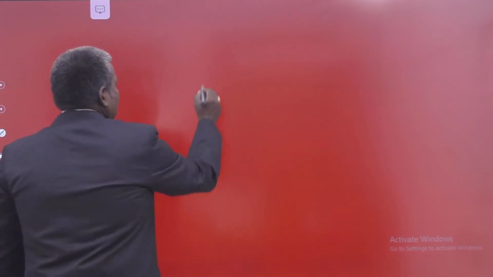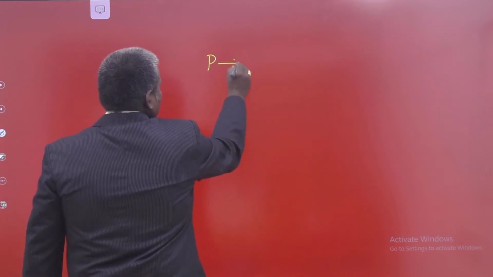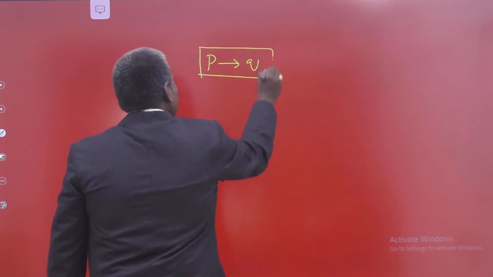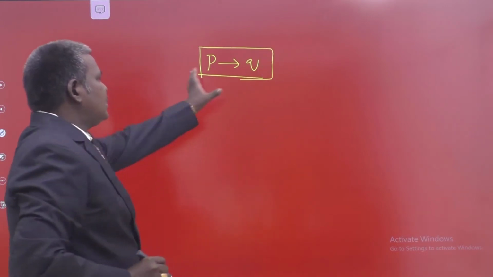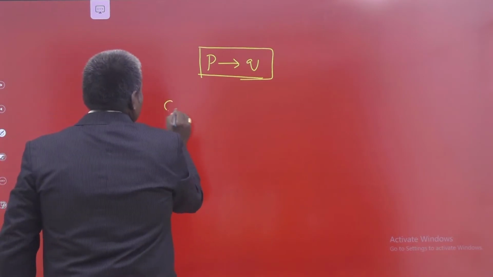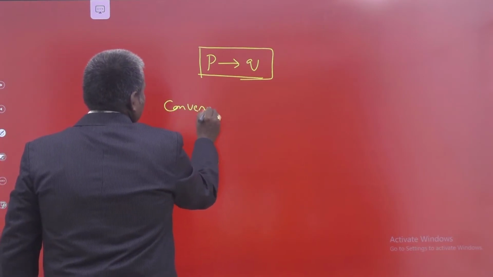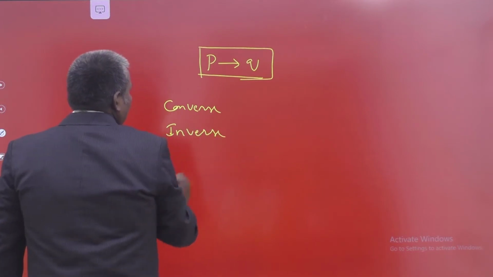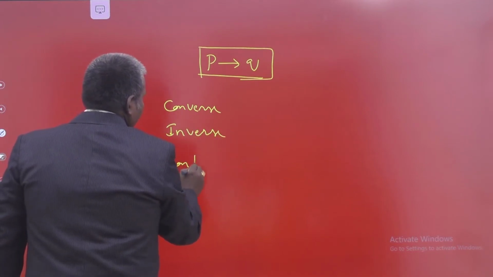Again, consider the conditional. P implies Q is a conditional statement, where P and Q are any 2 statements. For this conditional, we define the converse, inverse and contrapositive.